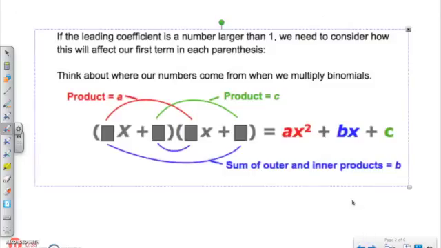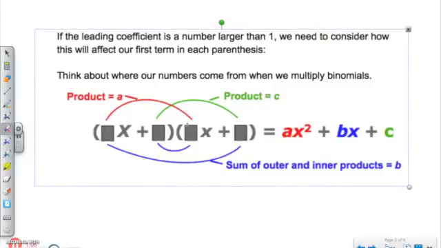If the leading coefficient is a number larger than 1, we're going to have to consider how this will affect our first term in each parentheses. If you think about where our numbers come from when we multiply binomials, remember our standard form is ax squared plus bx plus c. We get the a from multiplying the first term by the first term of the second binomial.